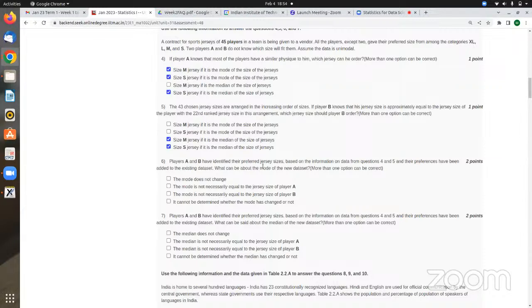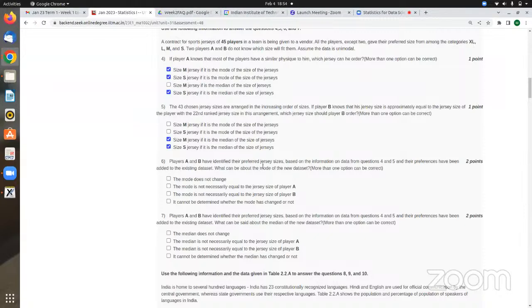Size S will be the mode, 23 will be for size S. A will order only the size which is the mode, and B will take the shirt size which is the median.